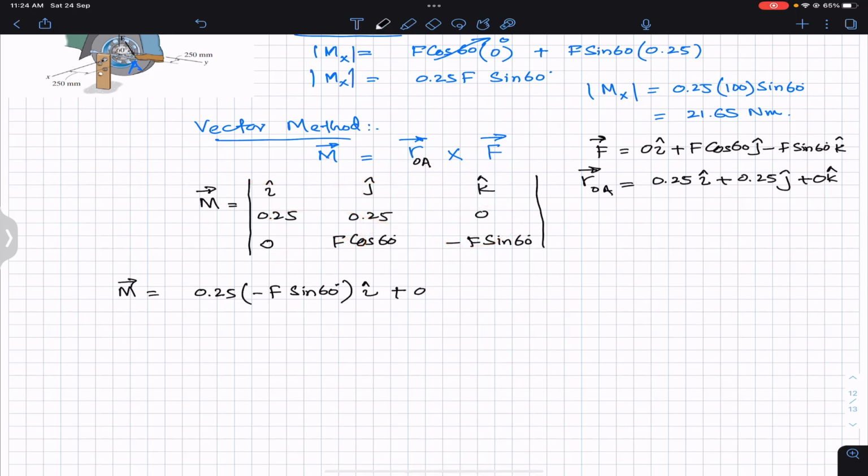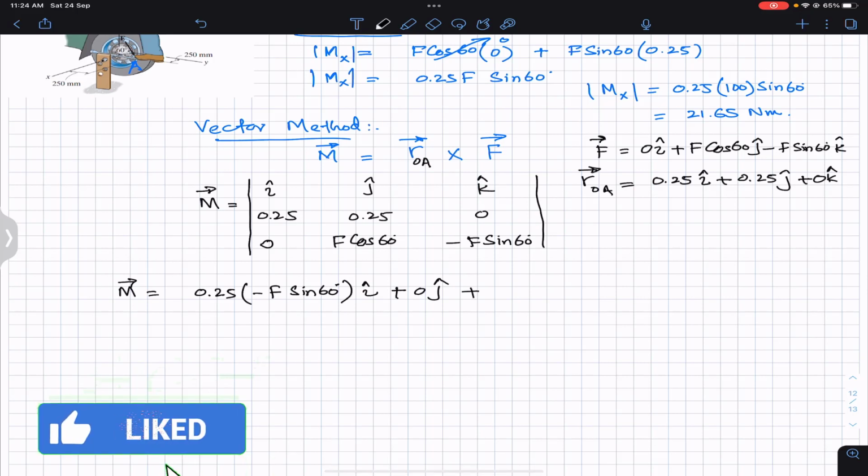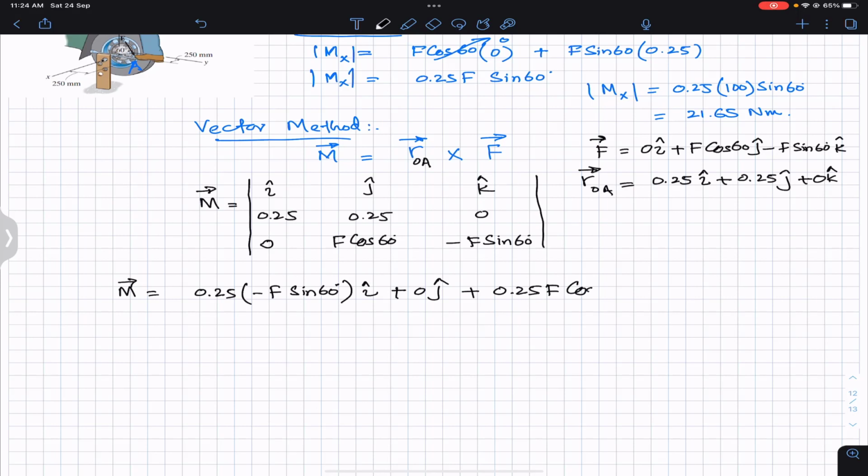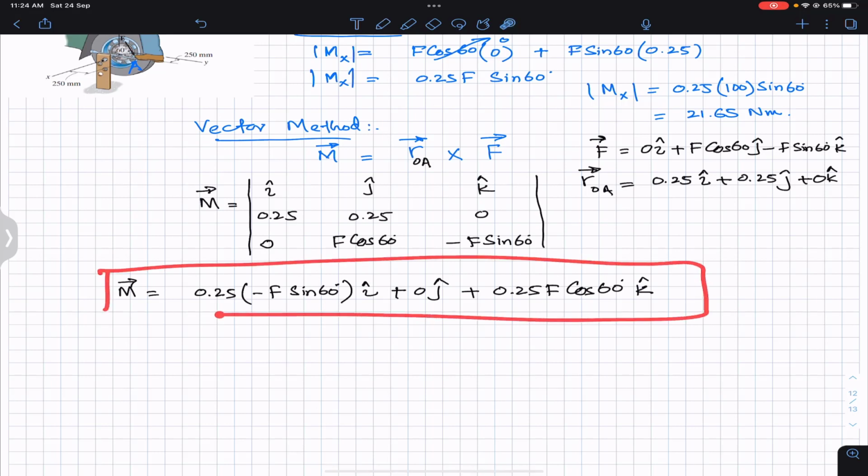And now for k we have to hide this row and column, so this minus 0, right? So 0.25 F cos of 60 k.